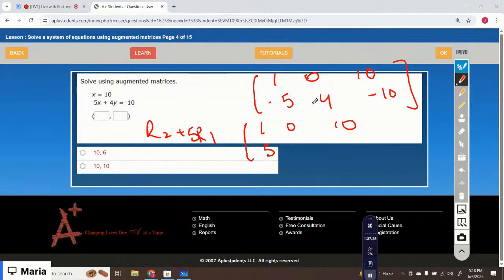That is 0, 4, 43. Now divide R2 by 4, that is 1/4 R2. That is 1, 0, 10, 0, 1, and 10. So the correct option is option number.